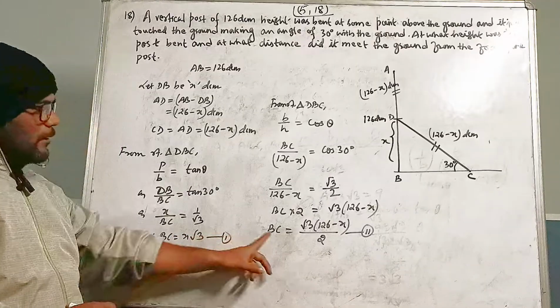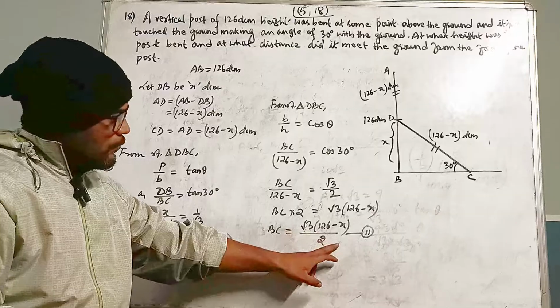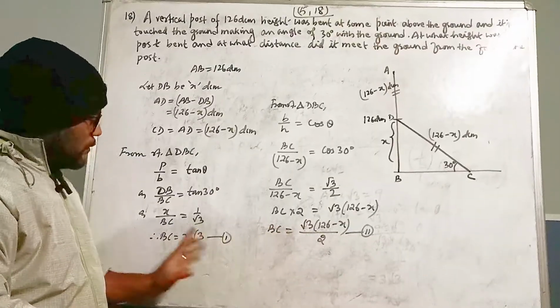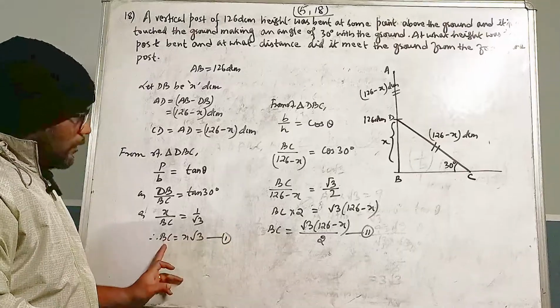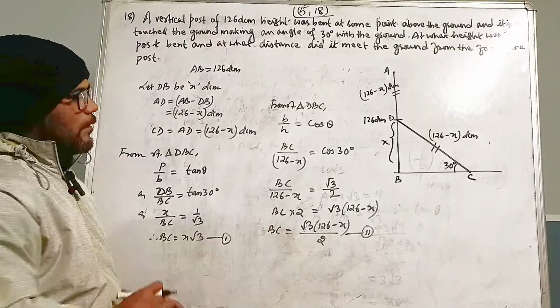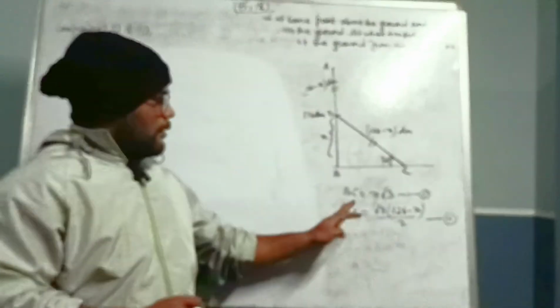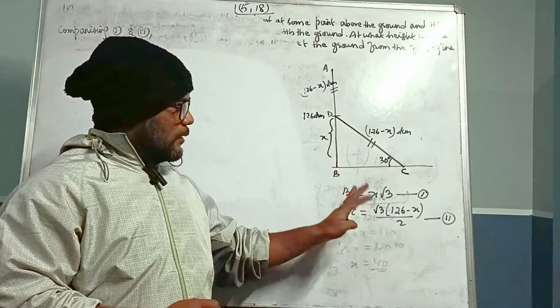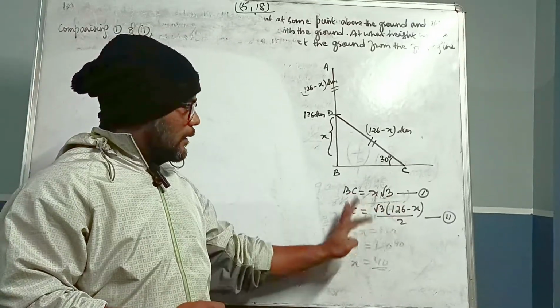So it is very clear here. Equation 1 also we have the value of BC, and equation 2 also we have the value of BC. So we know that in algebra, if the left hand sides are equal, then right hand side must be equal. So BC, in the first equation, BC equals x root 3 decimeter.